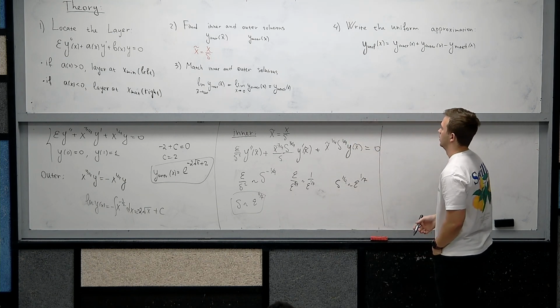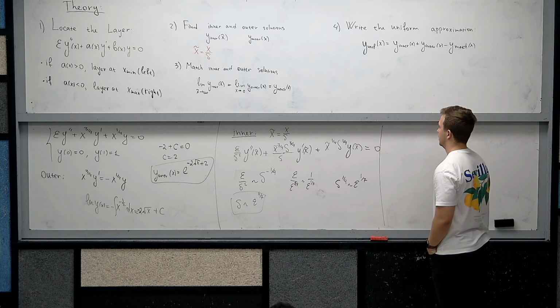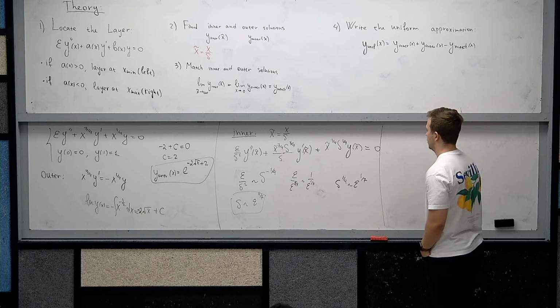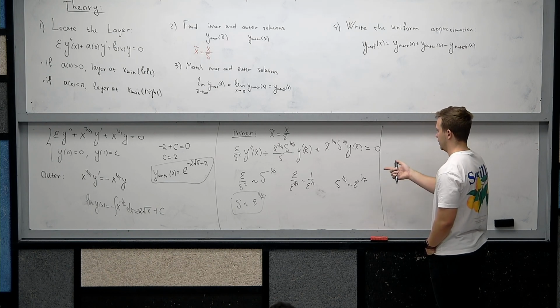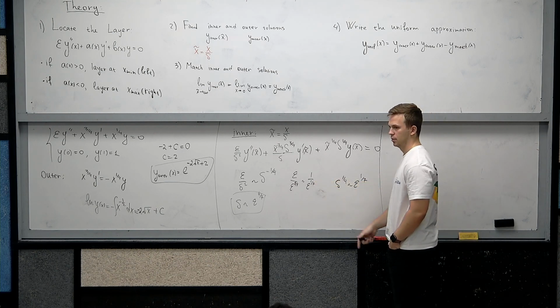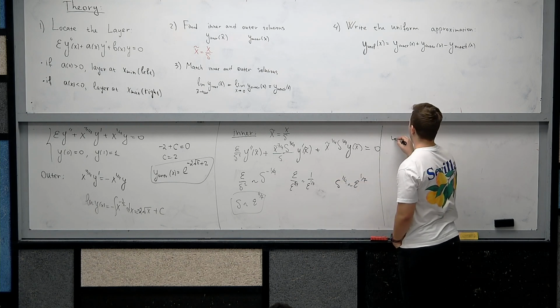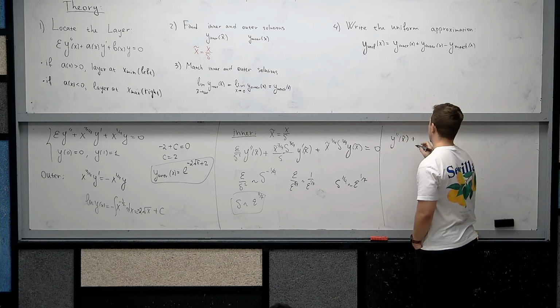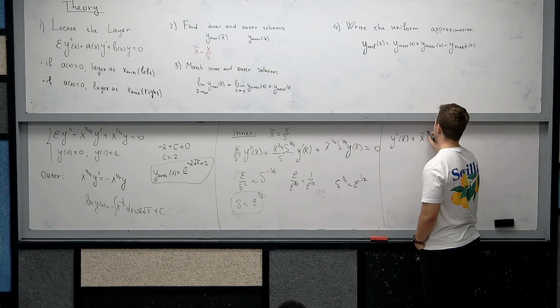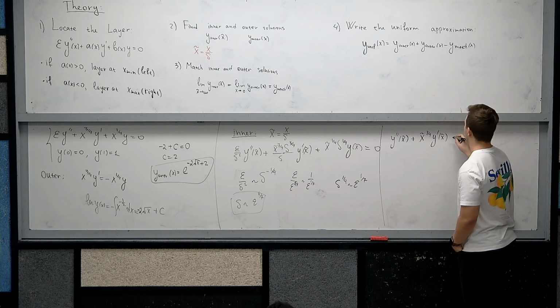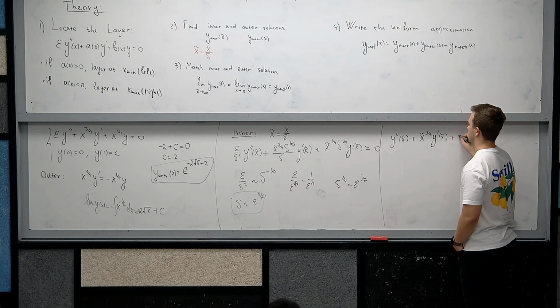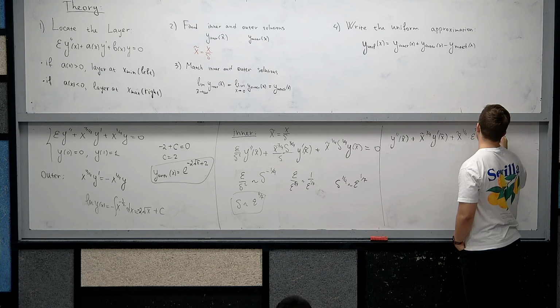Okay, so now let's multiply all of these by epsilon to the power 1/7, and we will have y double prime of x tilde plus x tilde to the 3/4 y prime of x tilde plus x tilde to the 1/4 times epsilon to the 2/7 y.